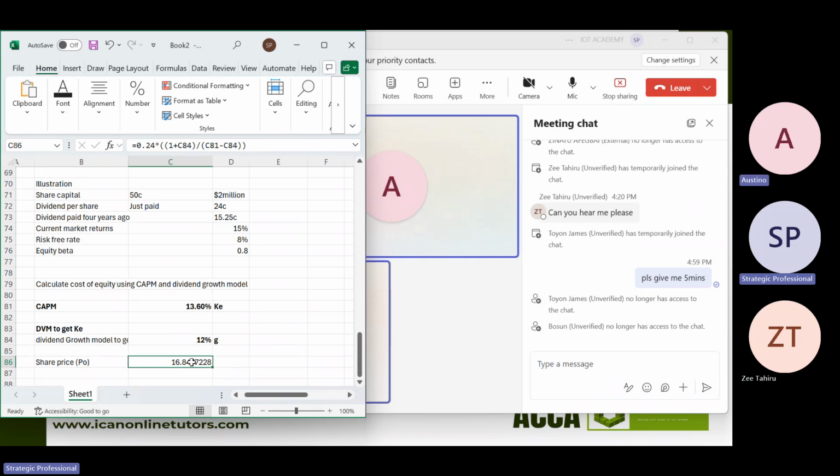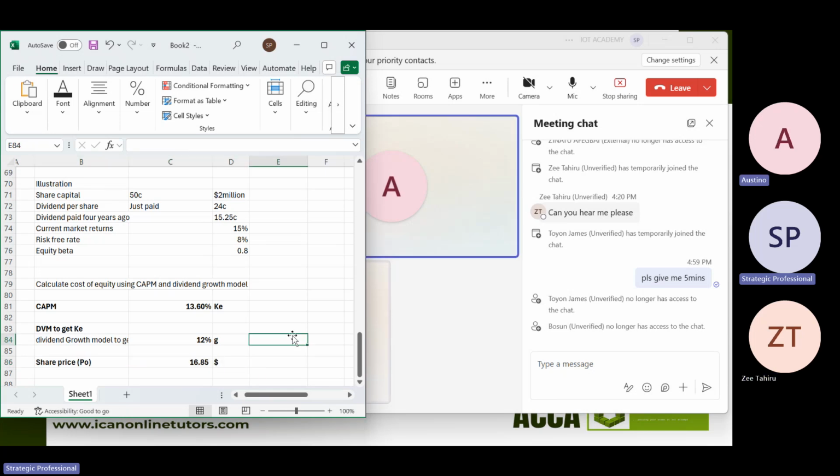Are you also calculating it by hand? Yes, 16.85. Okay, so that means we're on point. So if it's 16.85, that means the share price is $16.85.